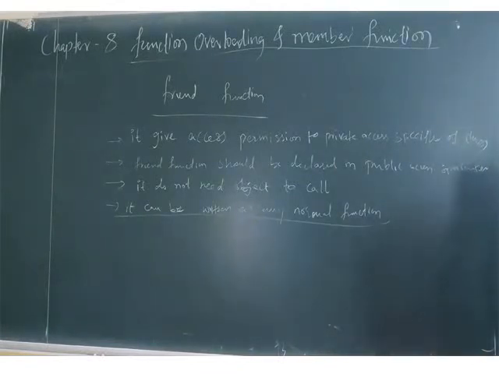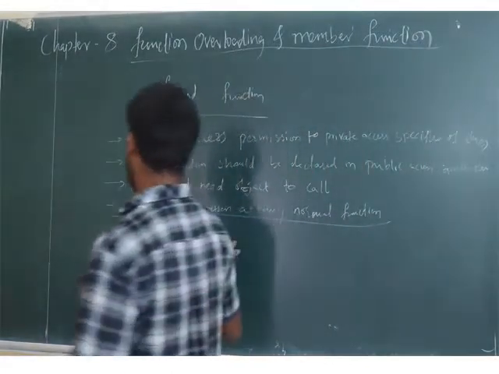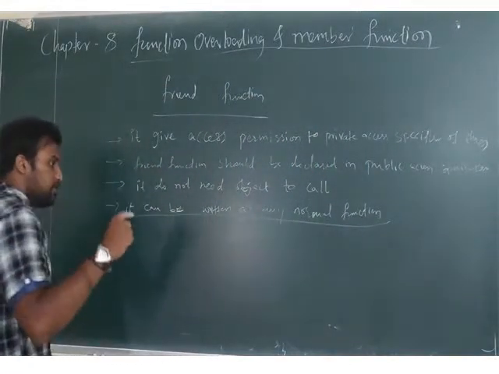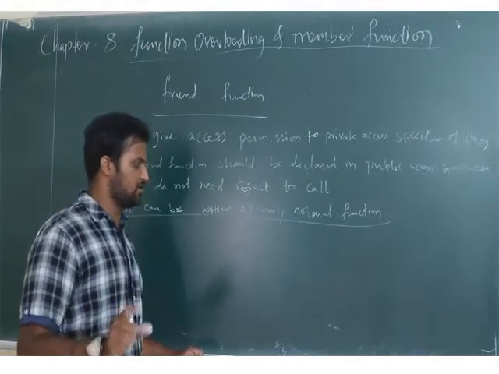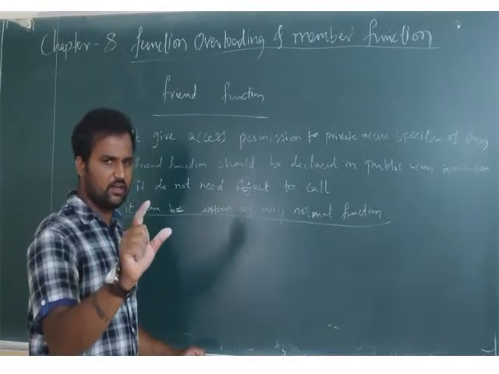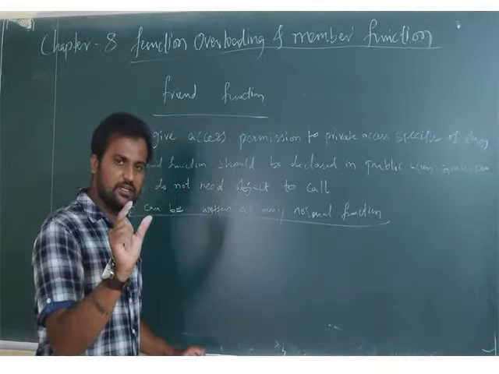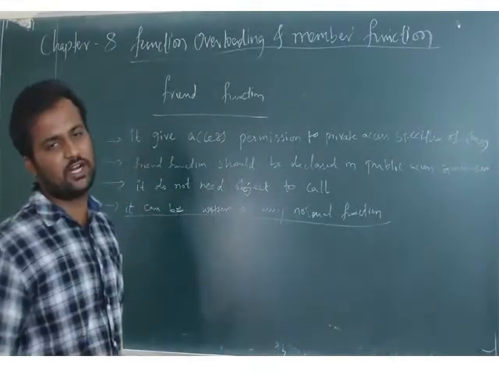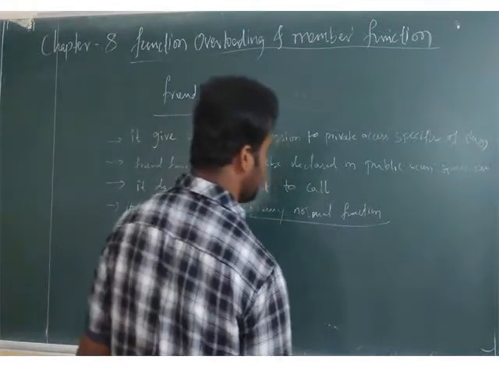But just we use the keyword called friend. That's it. Not a big difference. Don't think that if we are writing any friend function it should be special or something bigger. No, not like that. Just what we are doing, we are writing friend just how you wrote inline. The same thing only here we are writing friend. In front of friend we are writing the function in that sense. Okay? So not a big deal.